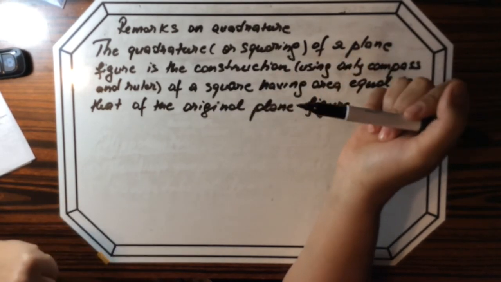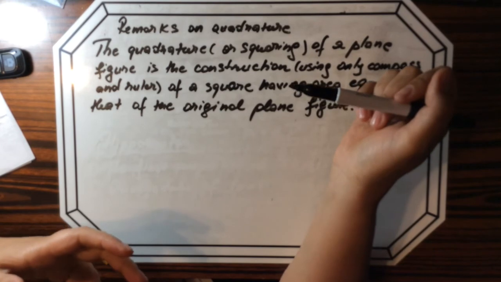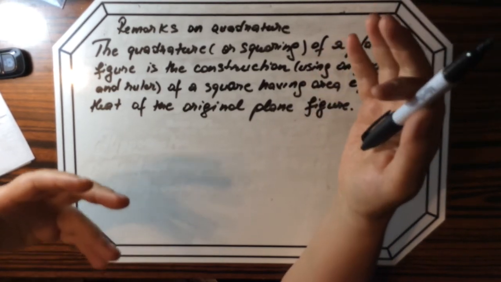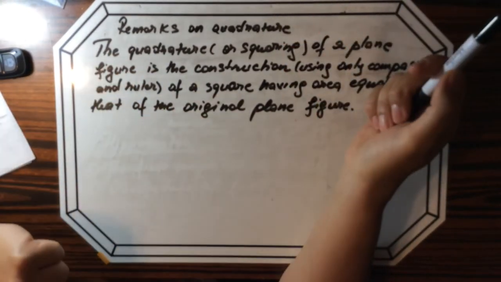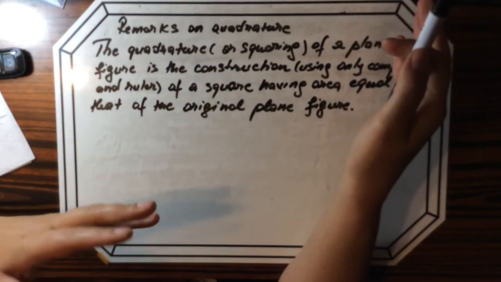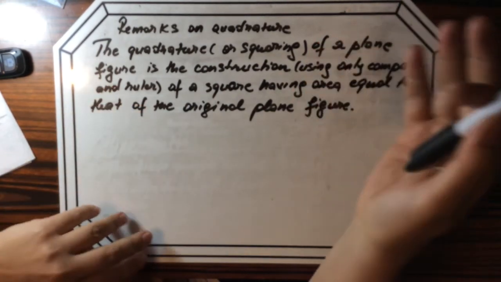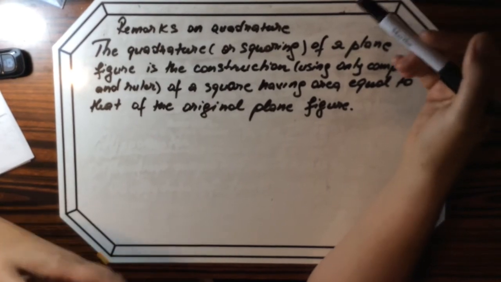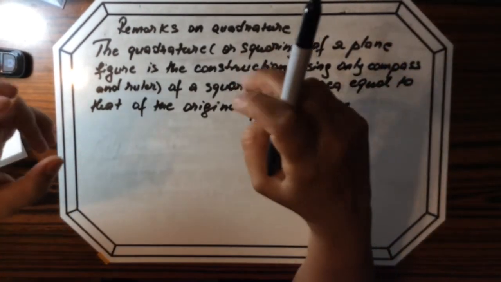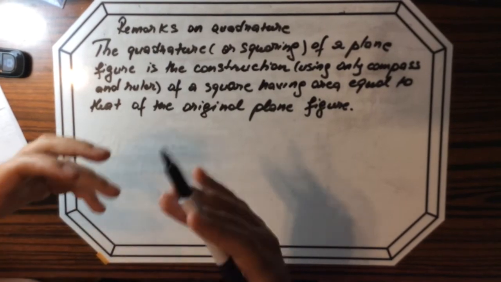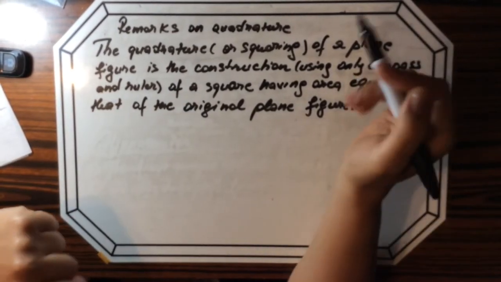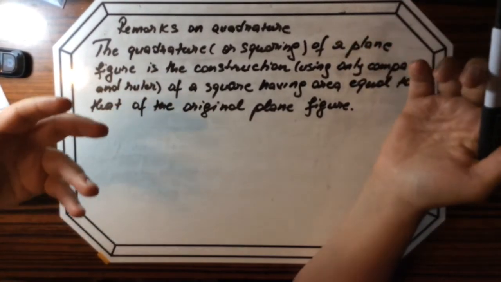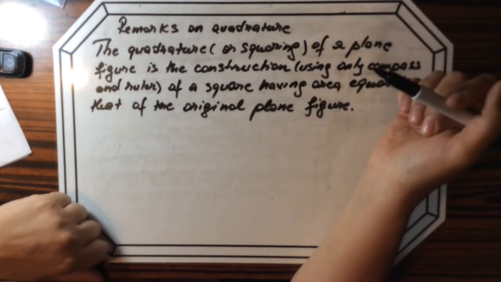Should you have a plane figure and want to find the area of a lot of geometrical figures, two-dimensional ones, especially when it comes to agriculture, it would be a lot easier, if this shape in question is quadrable, to find the area of that shape than finding the area in some other ways.